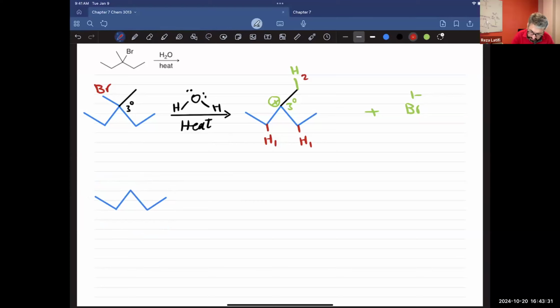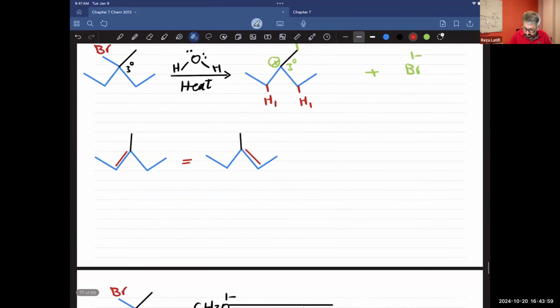We will have a methyl here, and the double bond is going to be either here, which is going to be equal to this product. So again, let's put the double bond on the right side. These two are the same; I just simply changed the position of the double bond.